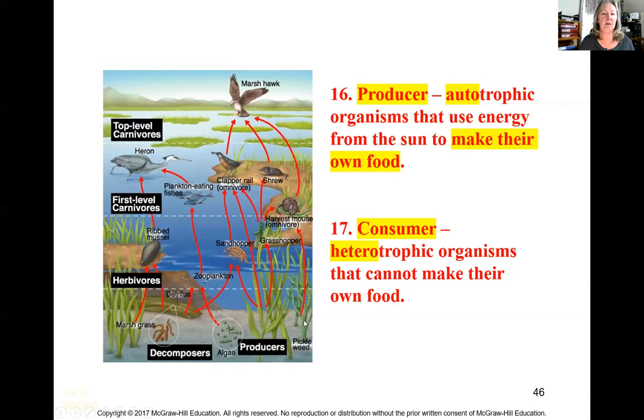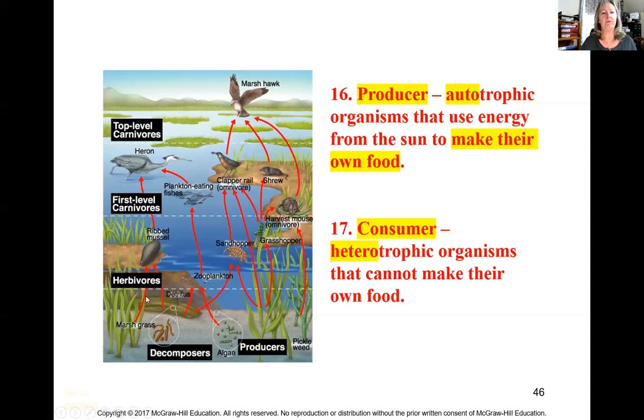So here we see a producer is going to be the algae here in this pond area, and then all the other things are consumers, even the decomposers. The decomposers are consuming. They're not making their own food. They're consuming dead, decaying matter.